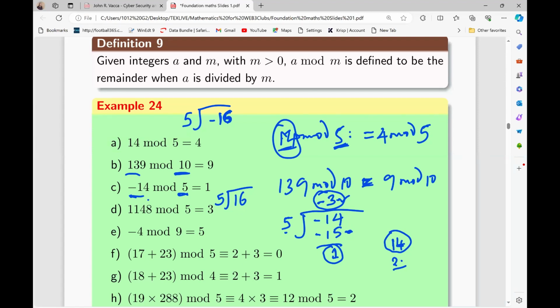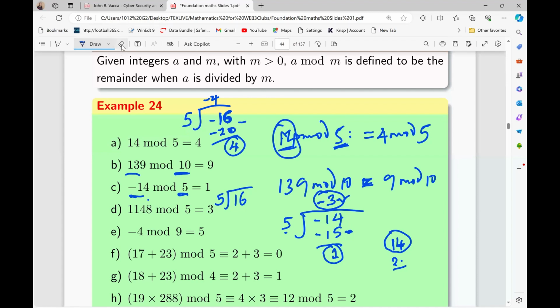Because 5 goes here 3 point something, which is bigger than 3.0, I take the next whole number, which is 4, and give it a negative. Then multiply this negative 4 times this, and get negative 20. Then subtract to get the remainder as positive 4.